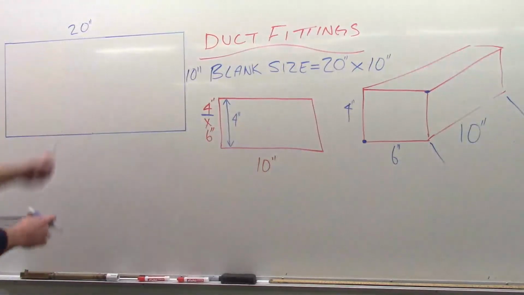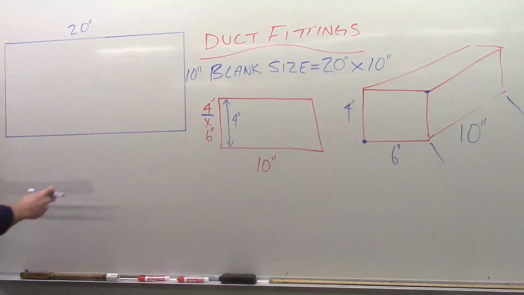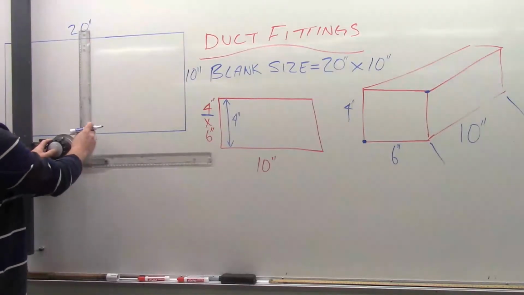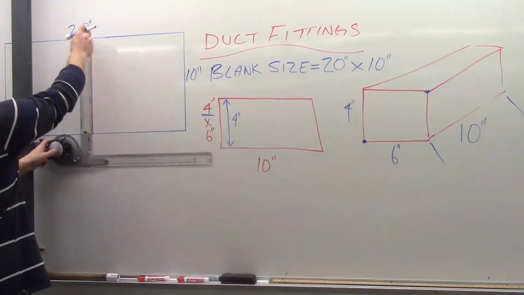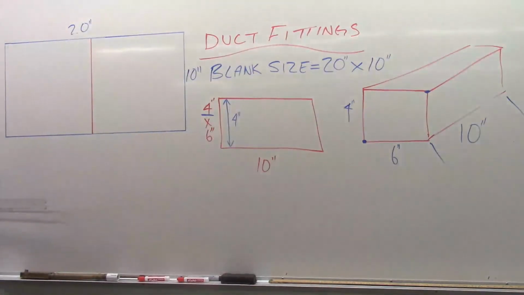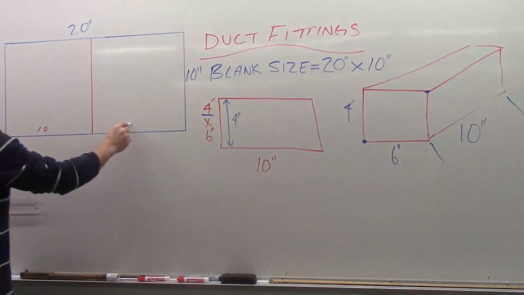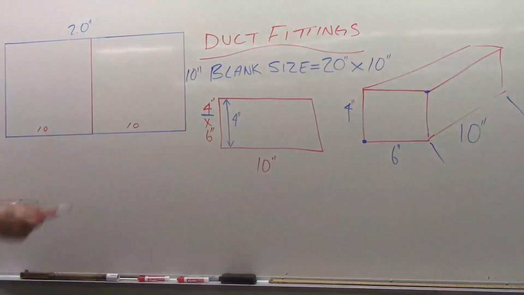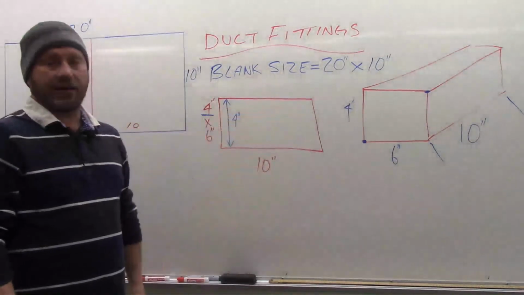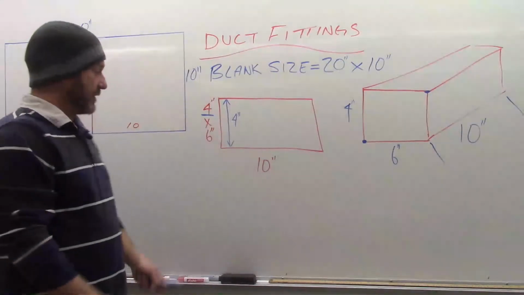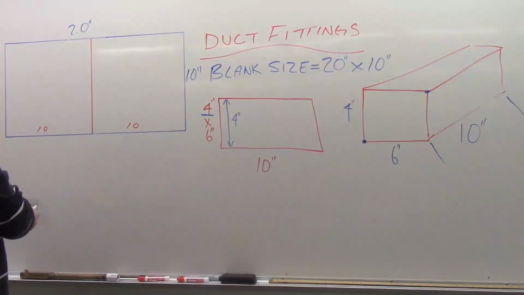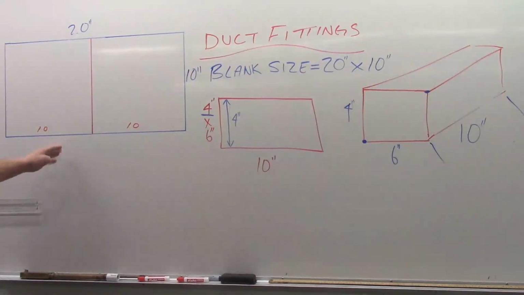And all we would do is, if we were making it two pieces, we would have this split in the middle. We'd have two 10 by 10s. Okay? So that is one option, is to make it multiple pieces. There's nothing to say we couldn't make it out of 4 pieces. So anyways, once we've decided all that, we move on, we get our blank or blanks, multiples, and now we want to do our layout on it.